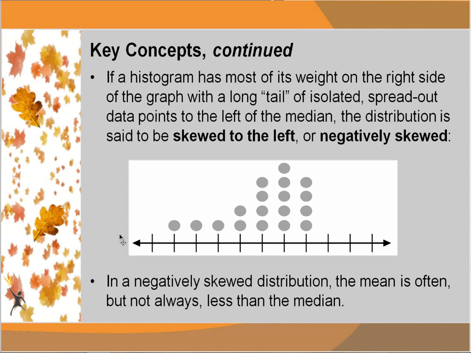Or I can say that it's negatively skewed, okay? And in a negatively skewed distribution, the mean is really often less than the median, right? That outlier to the left is going to pull down my average. That's one way you can tell if you have negatively skewed data.